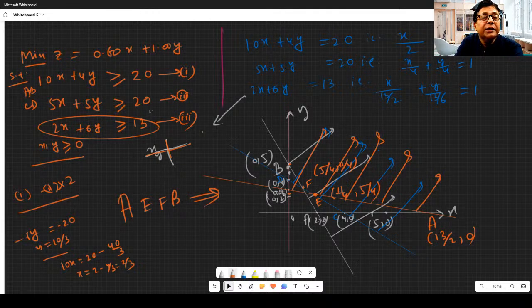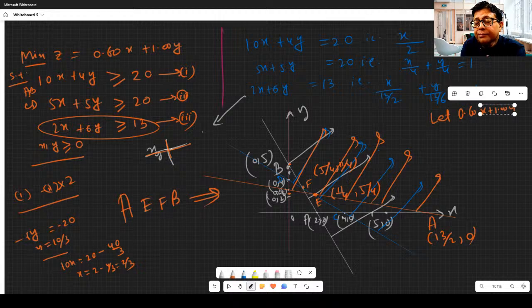What you have to do there is give a minimum value to this, then move it parallel, or a maximum value, then move parallel. Maximum value means we are letting 0.6x plus y equal to, say, I am taking 0, I told you to take a large value over there.